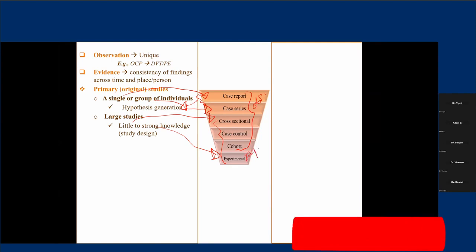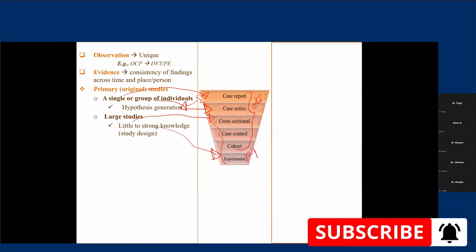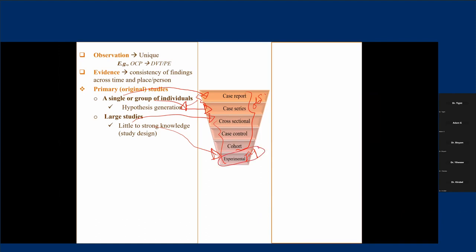So even within primary studies, whenever you conduct an experimental study, your level of evidence contribution is higher than the observational studies. If you're not familiar with it, these are the commonly used observational study designs in order of their strength and importance.